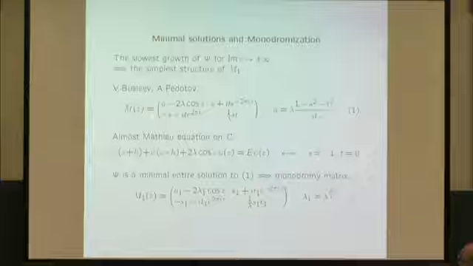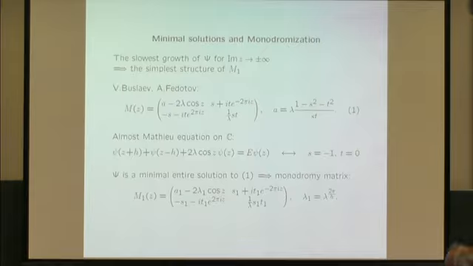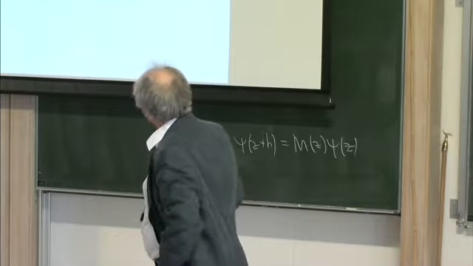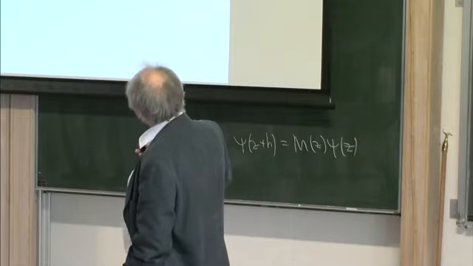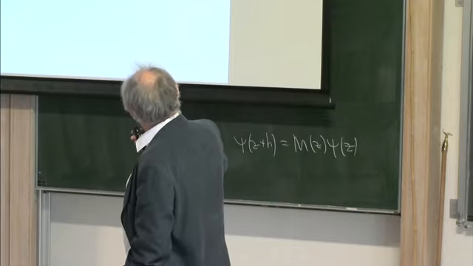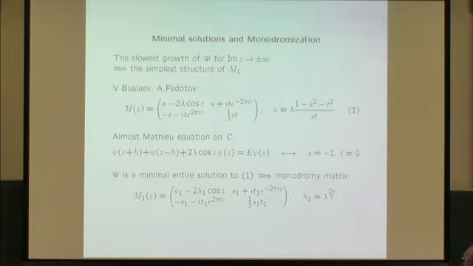This matrix family, well, we can now consider the corresponding difference equation psi of z plus h equals M of z times psi of z. And it appears that if you choose in this family s equal to -1 and t equal to 0, you arrive at the equation which is equivalent to the complex almost Mathieu equation.